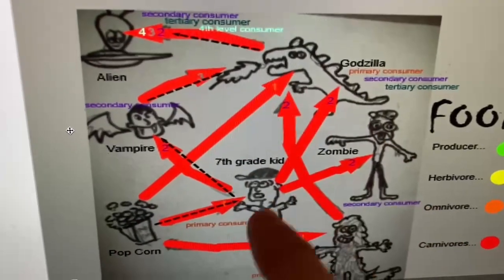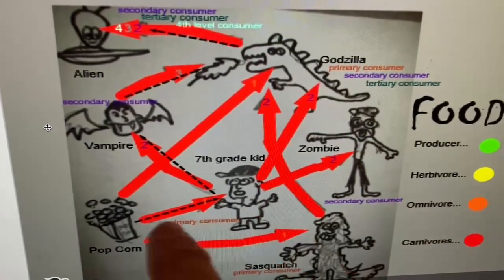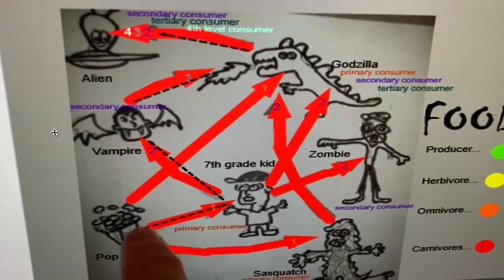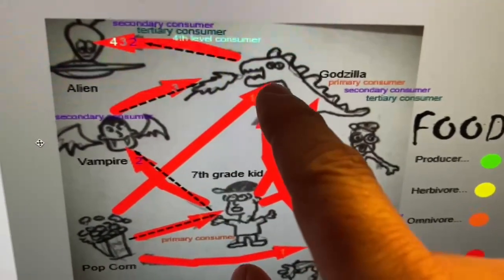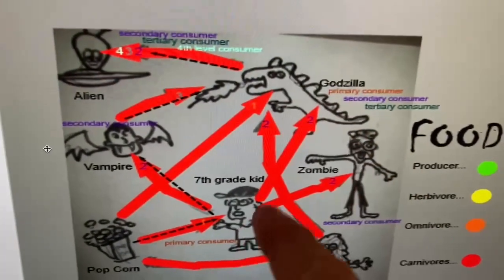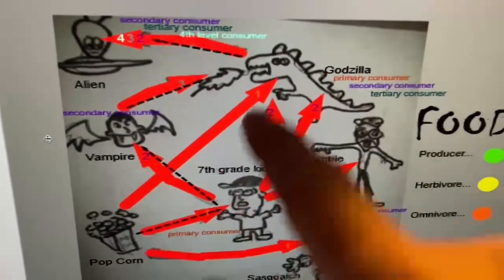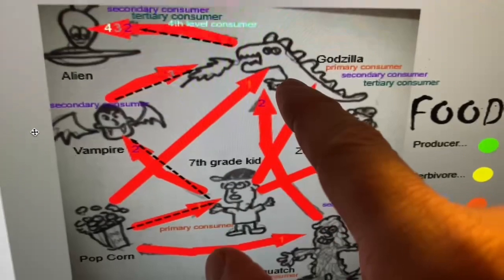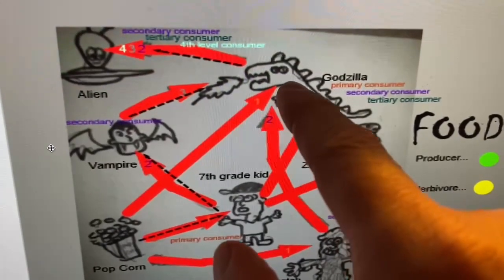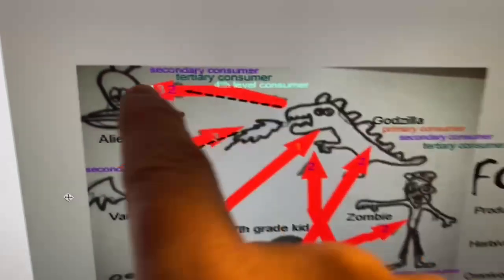Actually, if you eat a lot of 7th grade kids and a lot of Sasquatches, that's good for you, because then you also have a lot of popcorn. If Godzilla eats a lot of 7th grade kids, that's fewer kids eating popcorn, so more popcorn for Godzilla. The only thing Godzilla's got to watch out for are aliens. Aliens eat Godzilla.